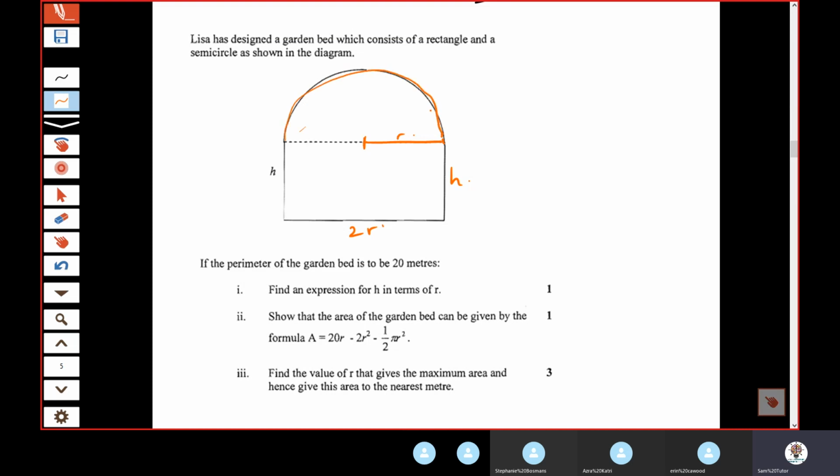So what's the answer going to be? What am I going to write? Because you need that for your perimeter, right? What do you reckon, Ella? That bit of a circle. Don't overthink it. Yep, so tell me your formula.